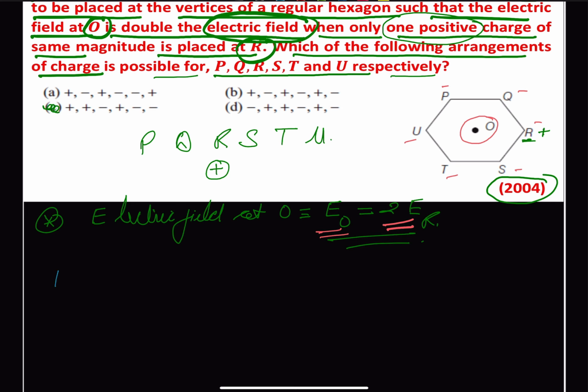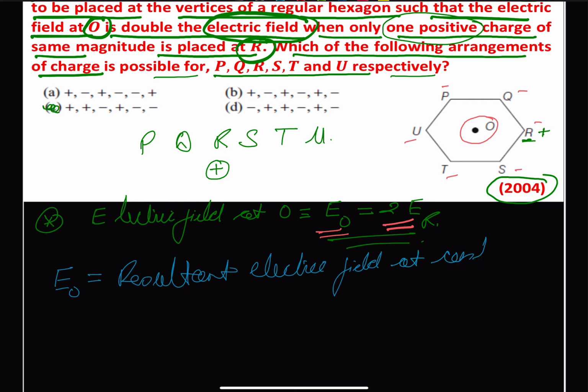So we can say this E naught is the resultant electric field at center O. So if you want that our resultant electric field is equal to 2 times electric field due to point R, then the electric field because of other charges, that is because of this P and S, which are diagonally opposite with each other, should be balanced.